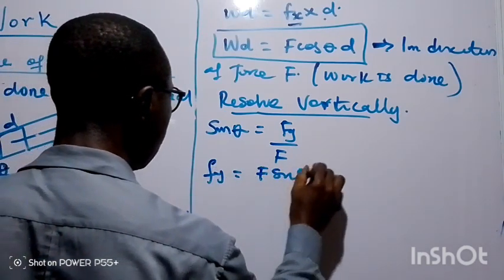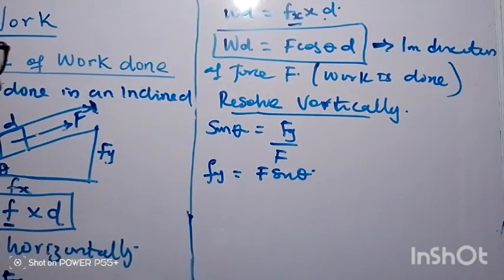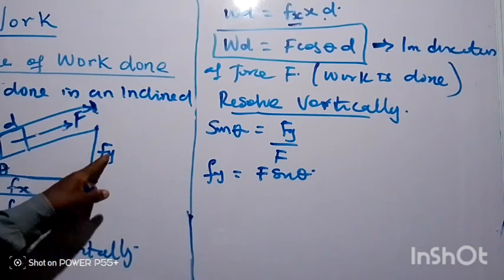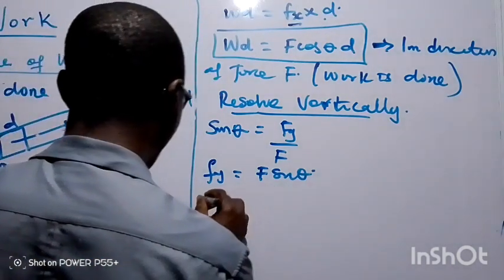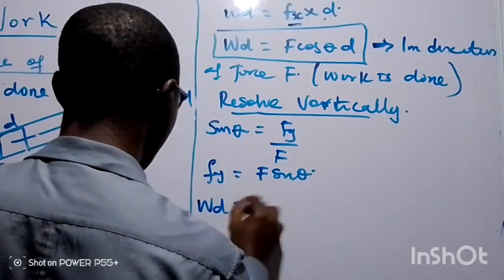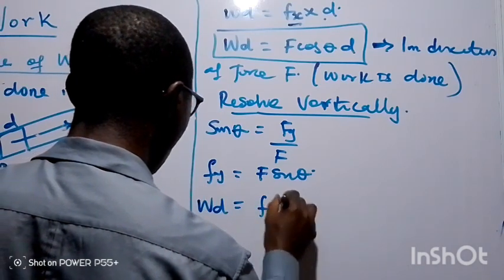Since this one is vertical, our work done will be equal to Fy multiplied by D. And what is our Fy on the board?